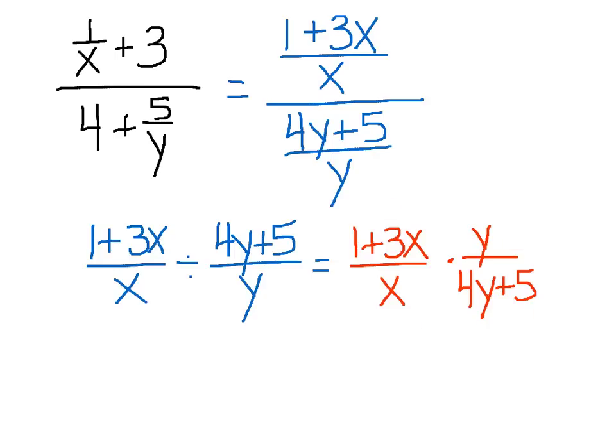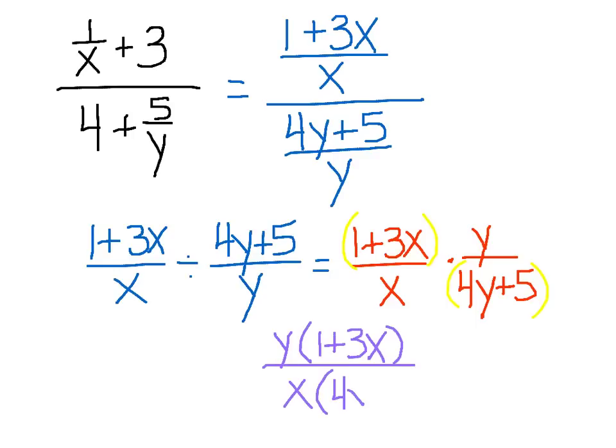And then we have y times this whole thing and x times this whole thing. And that gives us, we'll leave it as our factors, y times 1 plus 3x over x times 4y plus 5. Since we can't simplify any further, this will be your final answer.